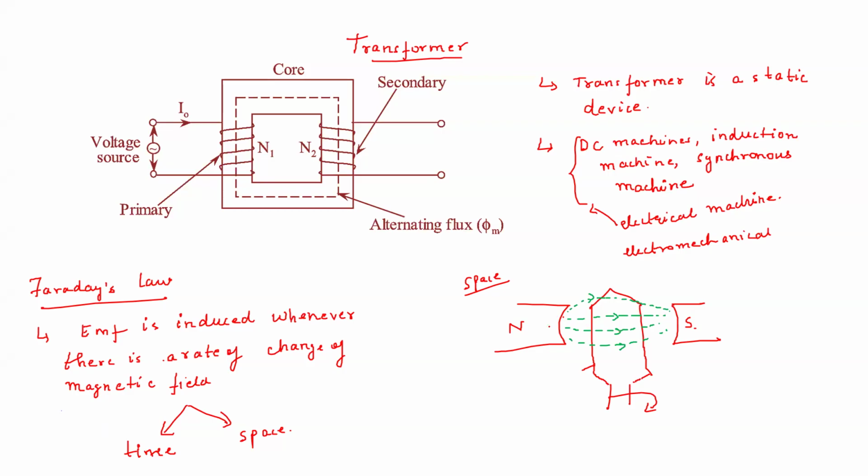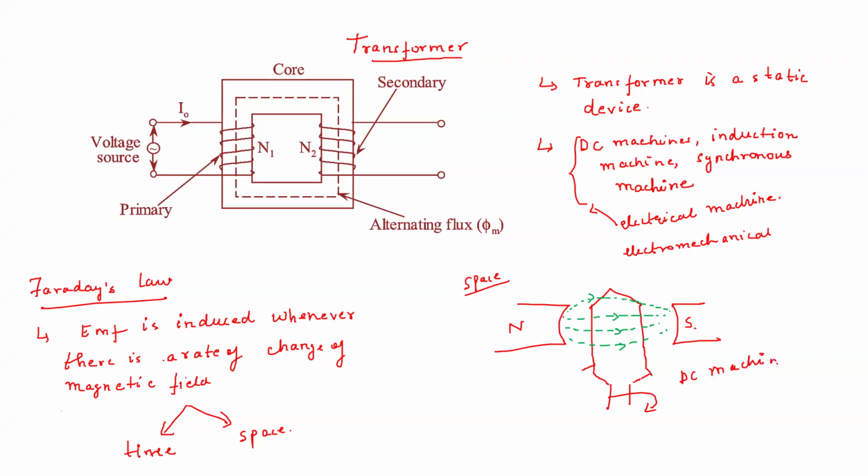The magnetic field is in one place only, but the coils are rotating and cutting the magnetic fields. If you are sitting on a coil, you will see that the magnetic field is changing. That is how the rate of change of magnetic field is made in DC machines.